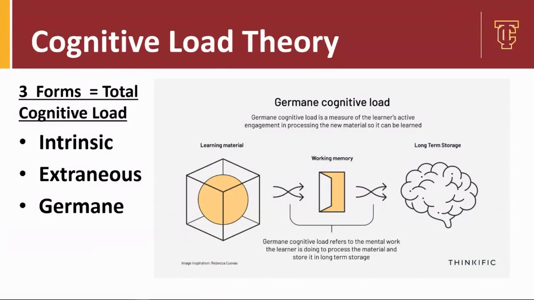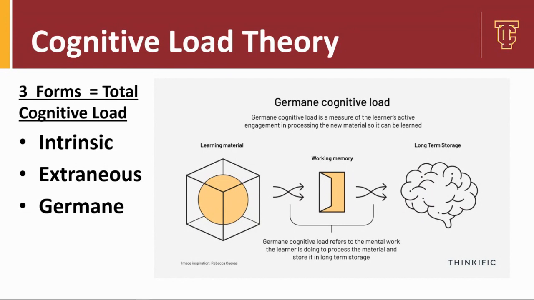So again, this visual is reminding us of the intrinsic cognitive load, the inherent difficulty of the subject matter, the way it's presented or packaged, and then the germane load is the mental work the learner is going through to learn this subject matter. And this is all moving it into our long-term storage. So our germane load is good. The germane load is necessary for processing this information.